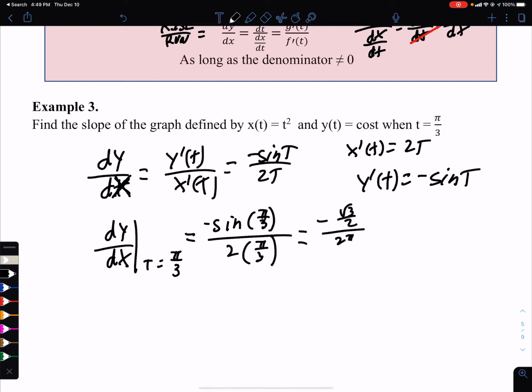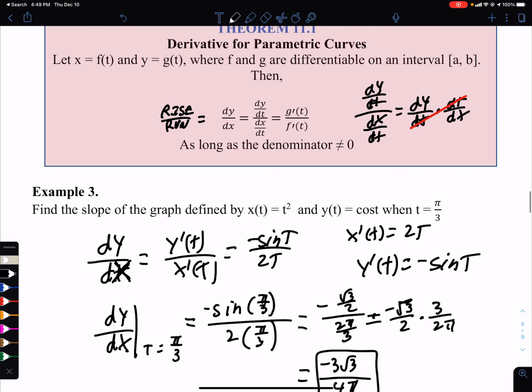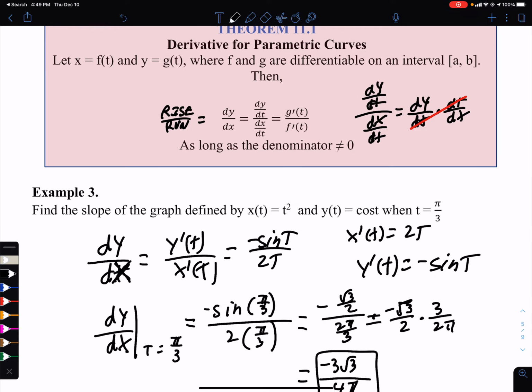And this is 2 pi over 3. I'm going to multiply by the reciprocal. And I get an answer. Whoa, what just happened? This should be equals negative 3 radical 3 over 4 pi. There is the slope of a tangent line. So pretty easy finding dy dx for parametric curves.